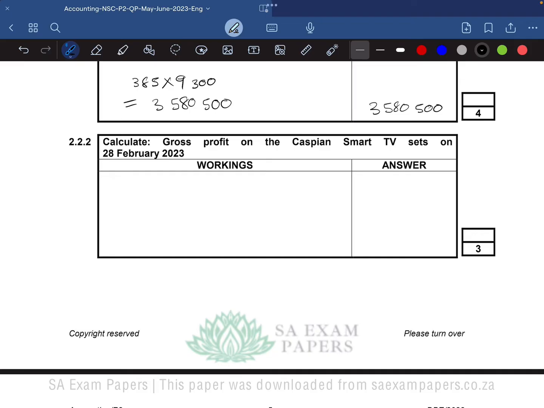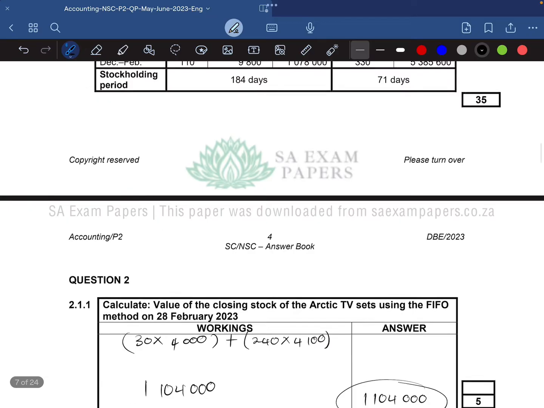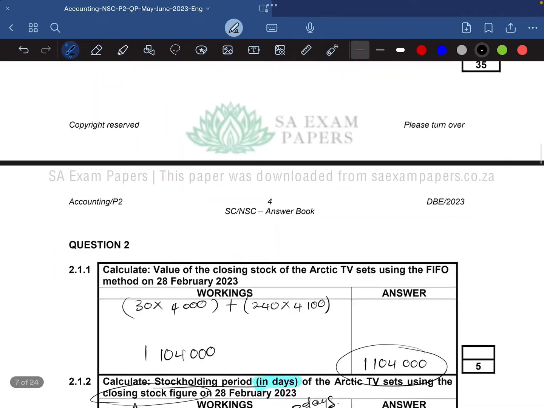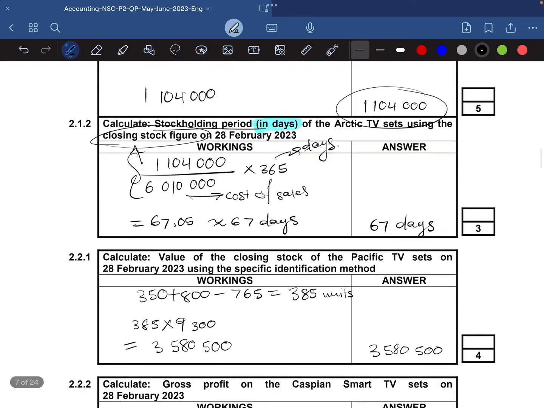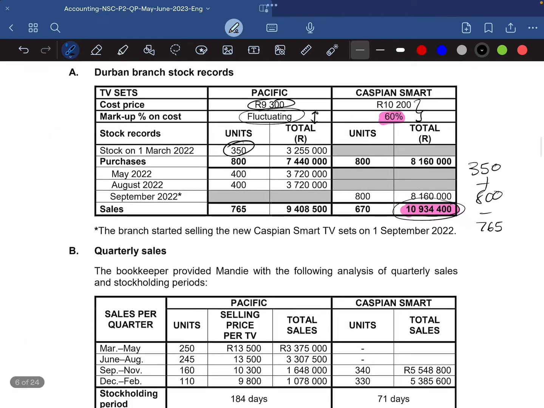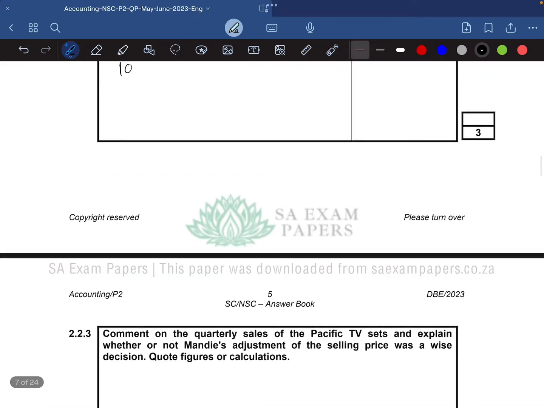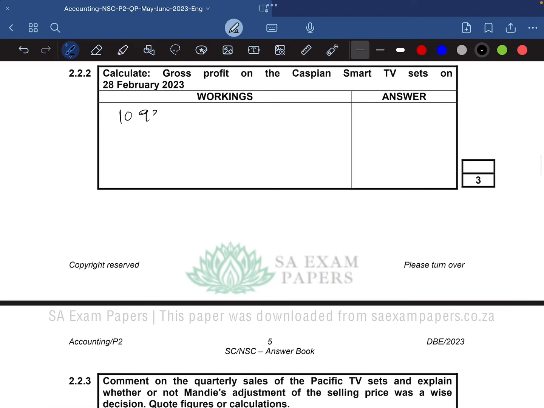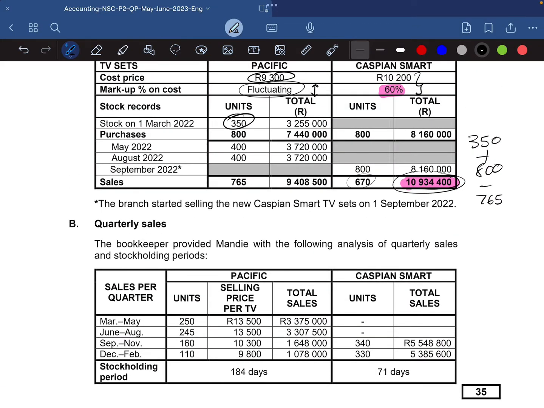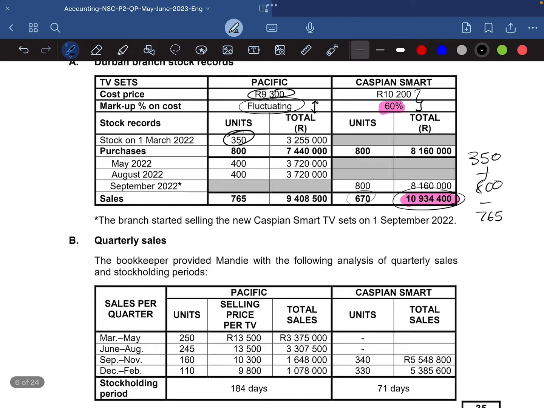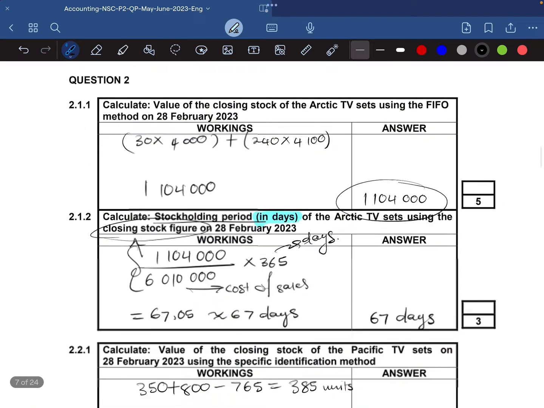There are multiple ways in which you can do this one. What you can do first is take your sales, which is 10,934,400, and then you calculate your cost of sales. We have sold 670 units, at the cost price of 10,200.